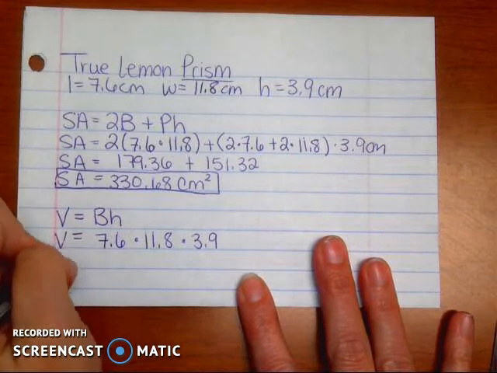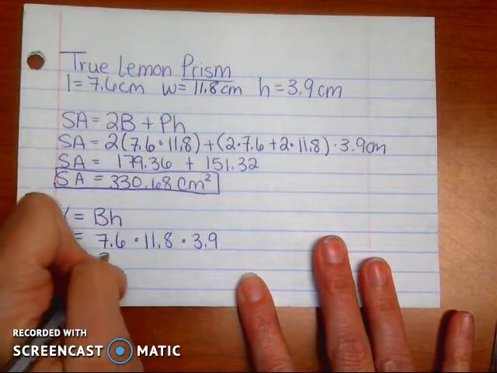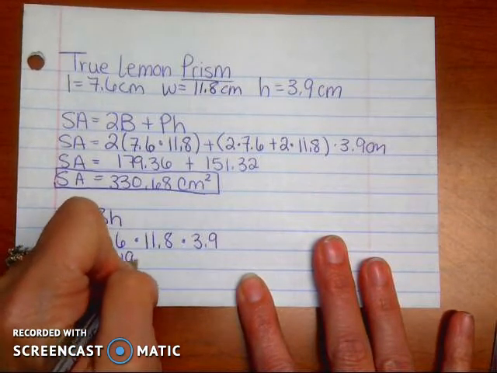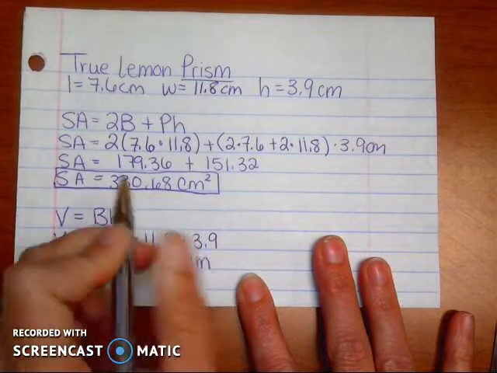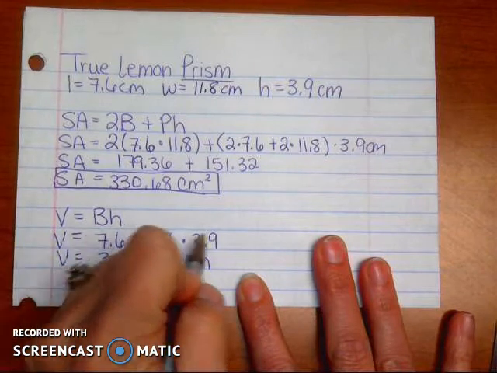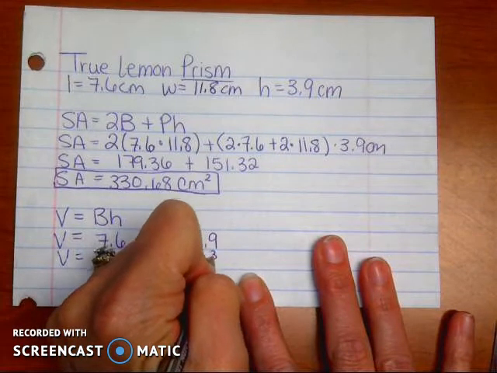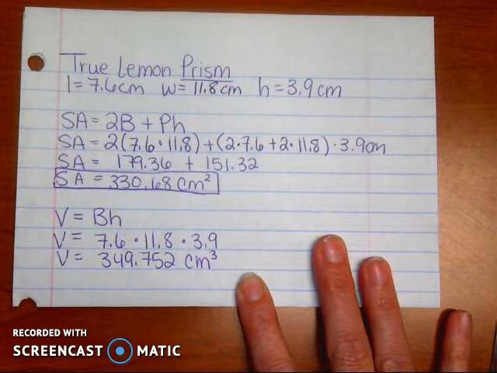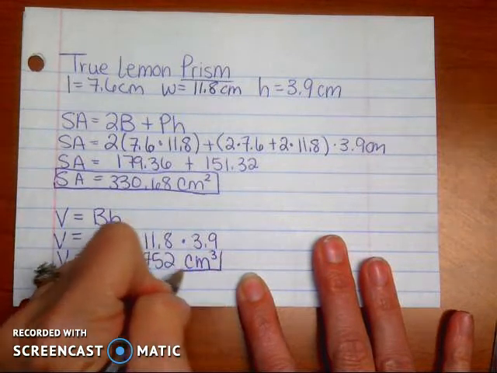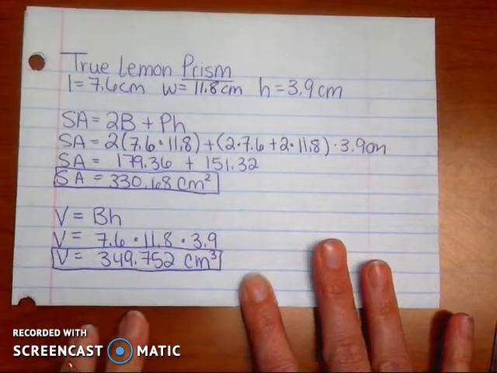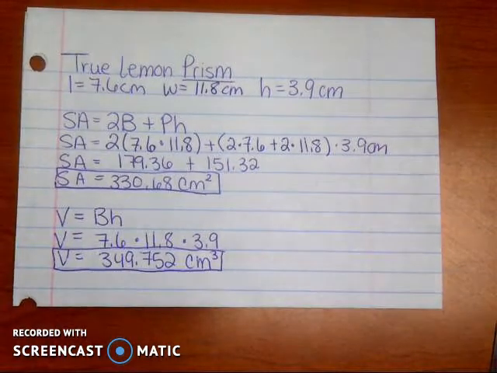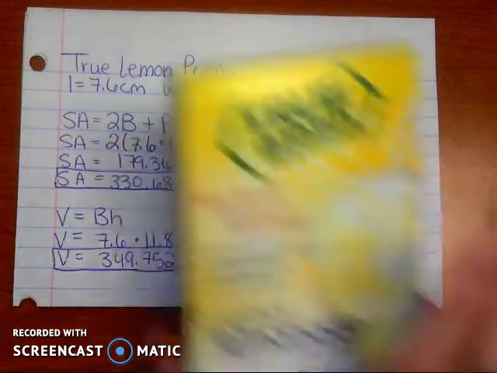Using my calculator, I get 349.752. And I measured in centimeters, and this time I've measured 1, 2, 3 units together. I've multiplied them, so that gives me cubic units. So my volume is 349.752 centimeters cubed.